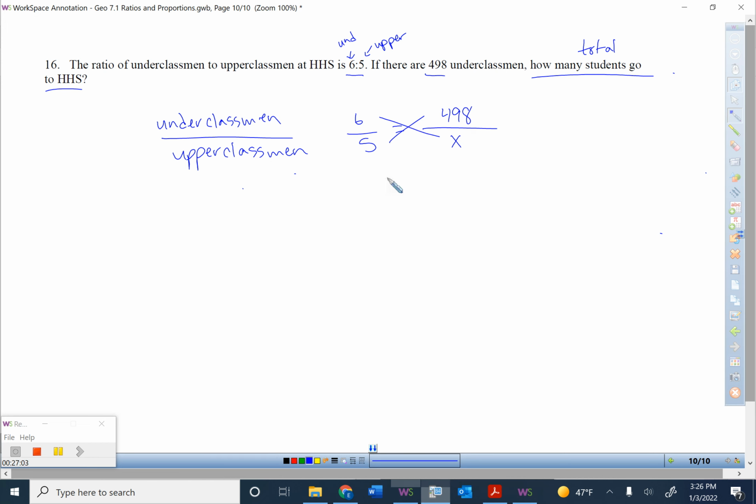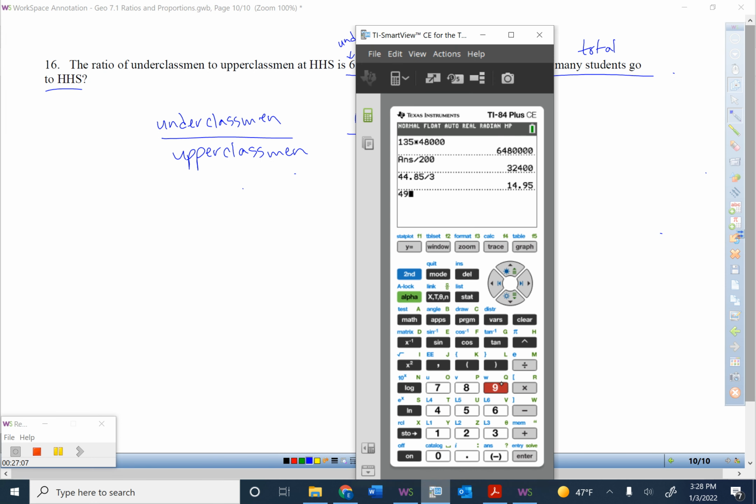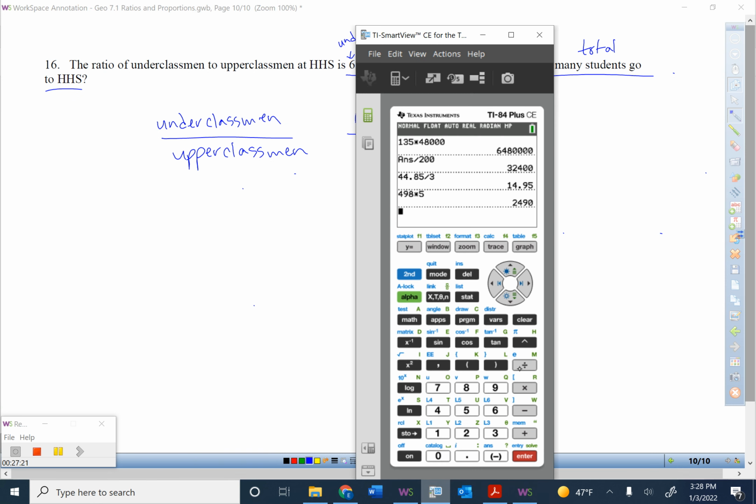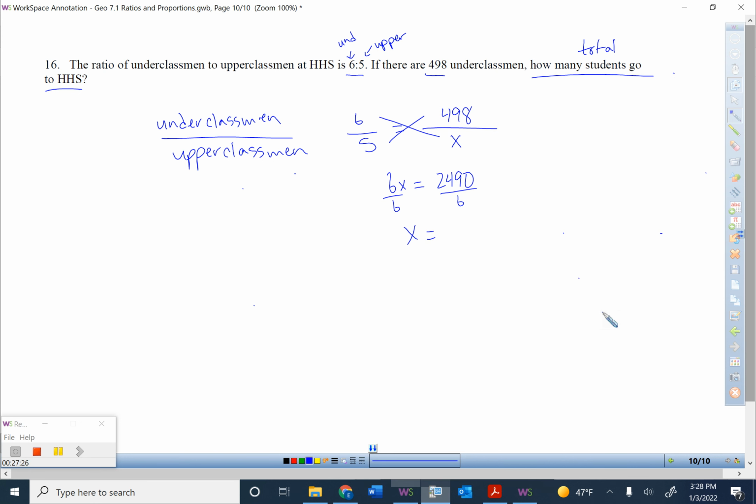Okay, so setting this up, we've got 6x equals, okay, we're taking our 498 times 5, that's 2490. And then we're dividing by 6 to get how many upperclassmen there were, and that's 415. Let's go ahead and add a label to that.